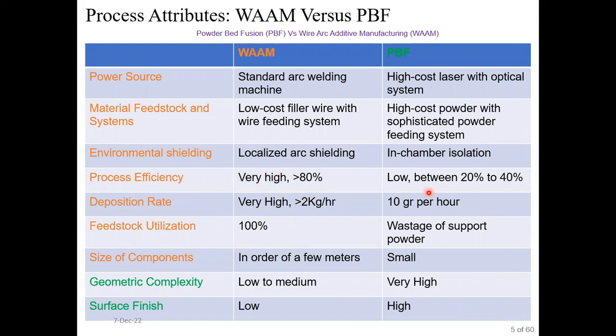However, in powder bed fusion process, because of a lot of irradiation losses from the laser beam, the process efficiency lies between 20% to 40%. Deposition rate in wire and arc additive manufacturing process is as high as 2 kg per hour, whereas in powder bed fusion process, it is 10 grams per hour.